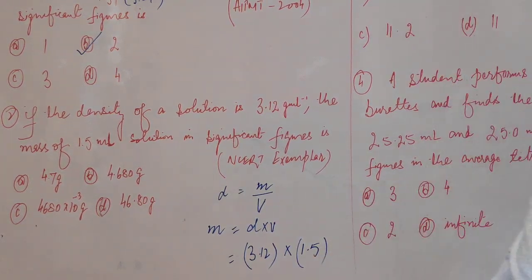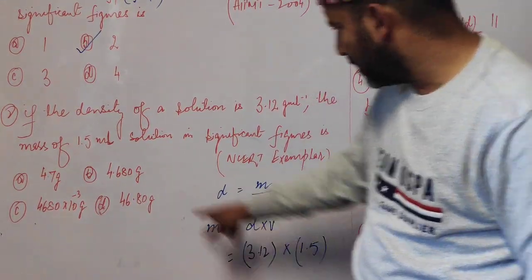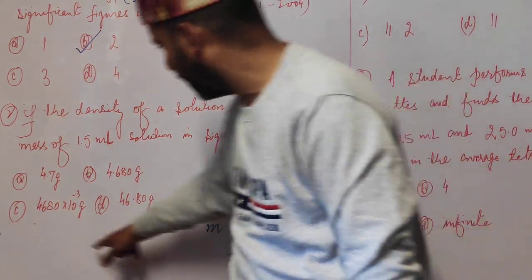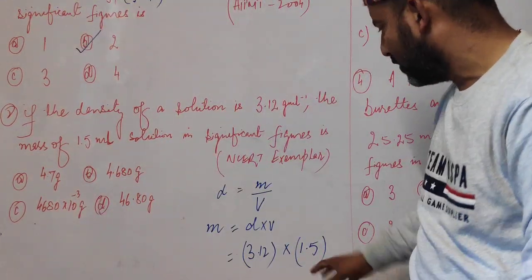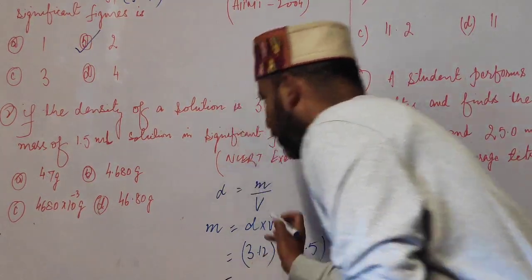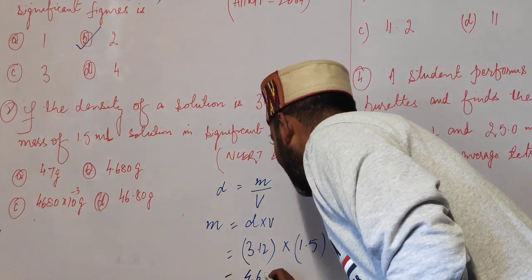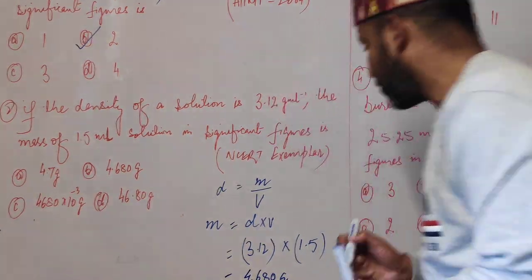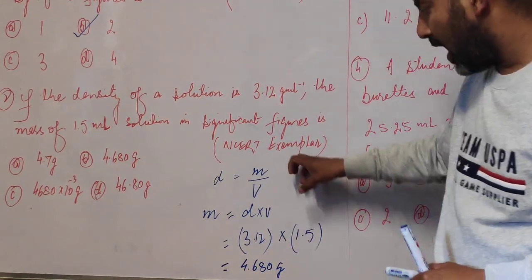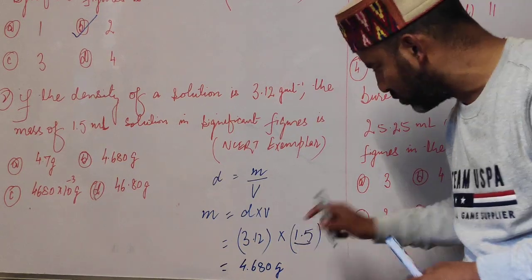All these options have 4 significant figures, but our answer should be in 2. If you calculate, you will get 4.680 gram. But this number has 4 significant figures, and our answer should be reported up to 2 significant figures, as this term has 2 only.